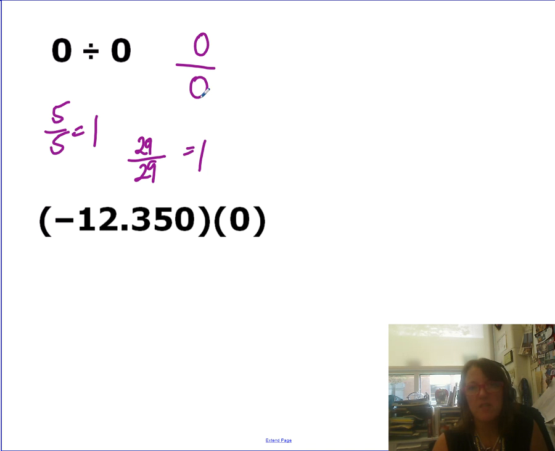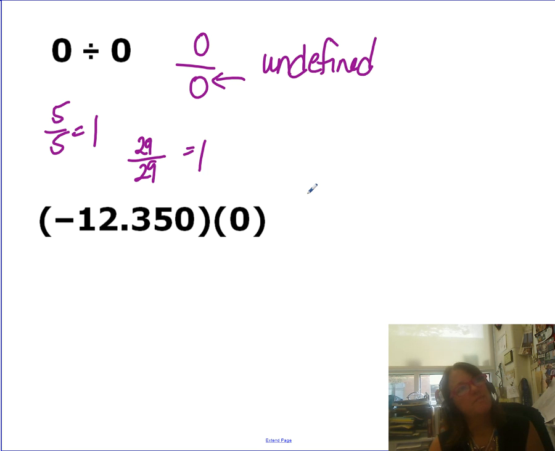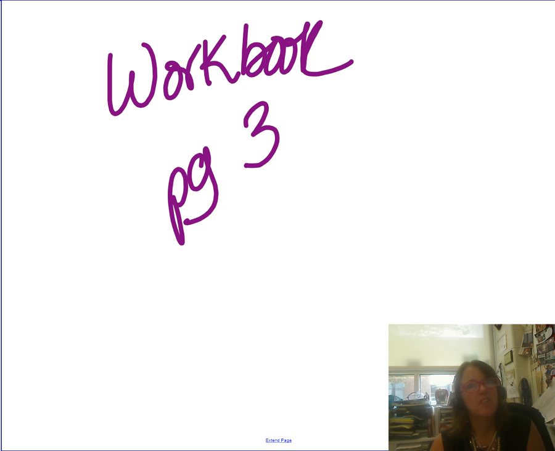But 0 divided by 0? Sorry. That's the problem right there. Undefined. All right, look at this thing. Negative 12 and 350 thousandths times 0. Anything times 0 is 0. So watch for those, okay?